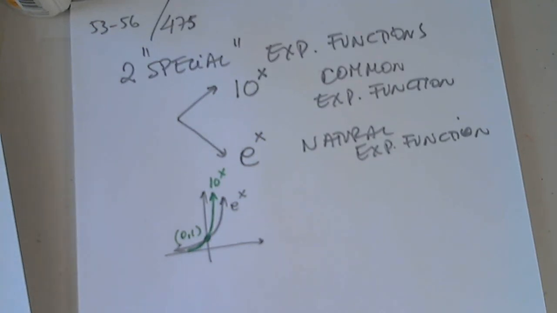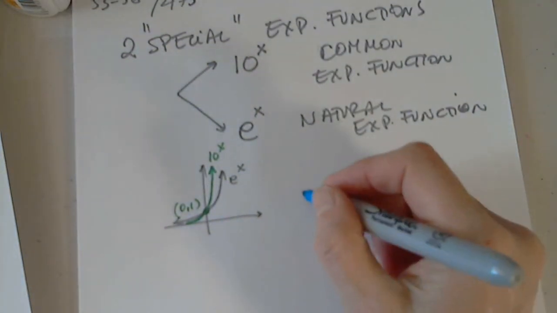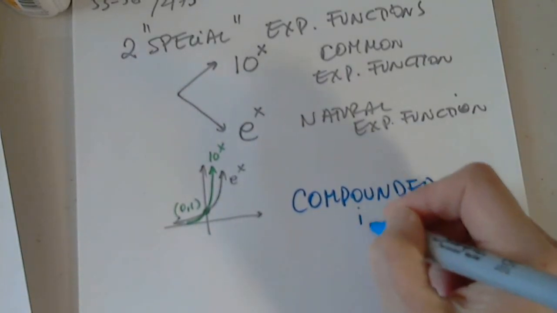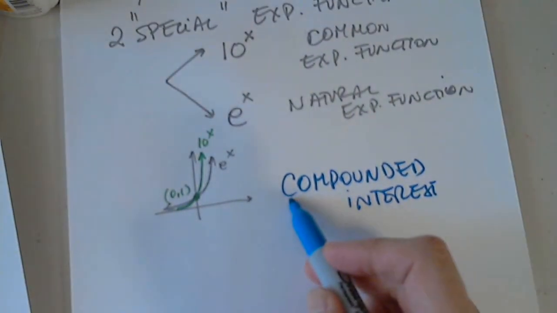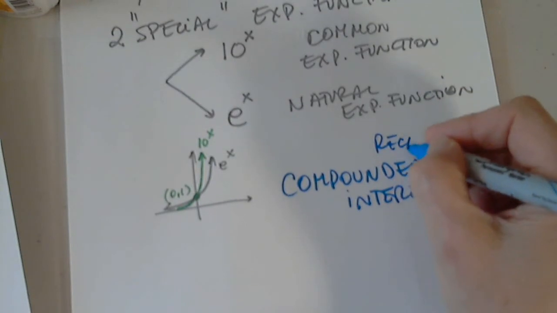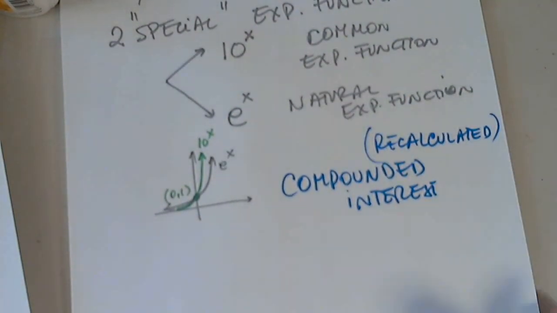Okay, so one application that I would like to look at is what is called compounded interest. This is a fancy word for really saying recalculated. That's what it means, compounded interest.